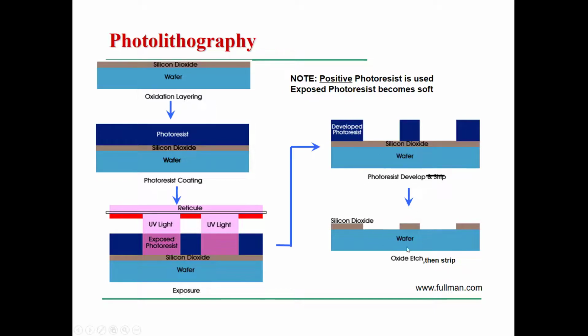So what you're left with at the end is the wafer with just these areas of the silicon dioxide, and here you'll see that the silicon dioxide is going to act like a barrier when we go to dope the wafer with the ions, to make it p-doped or n-doped.